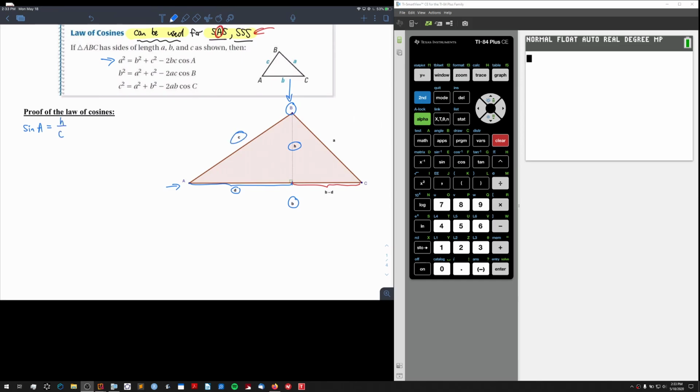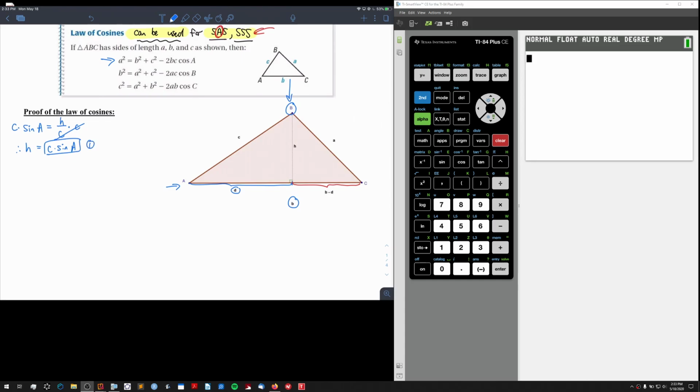So that's just H over C. Easy. And then let's solve that for H. I think we did this before for our derivation of law of sines. So what you get here is H is just C times sine A. All right, and I'm going to call this number 1.